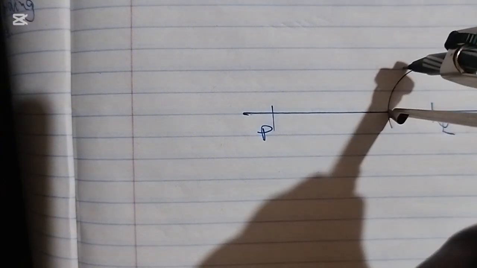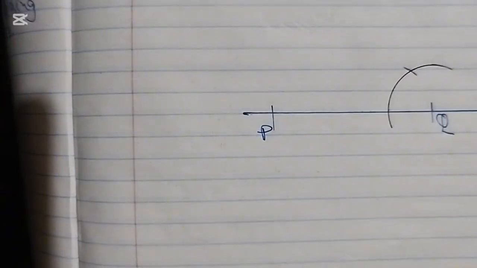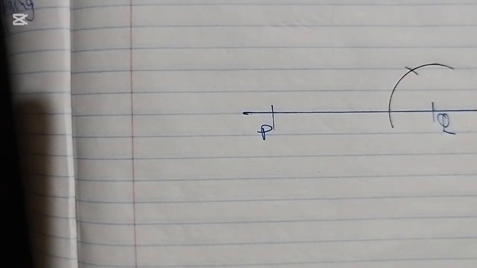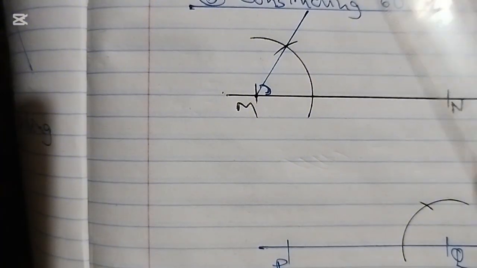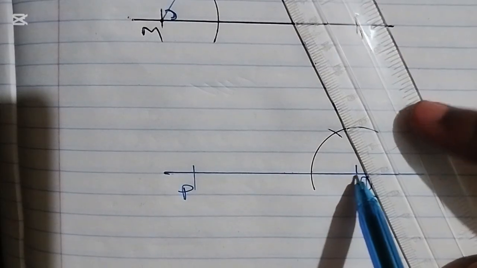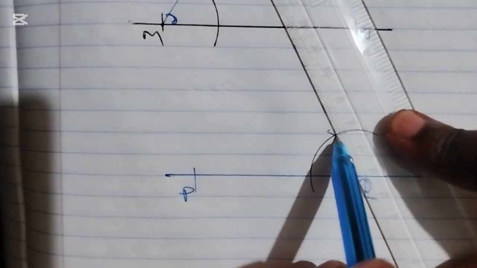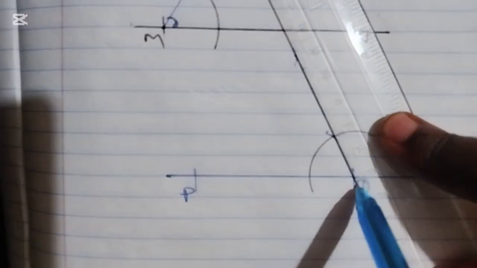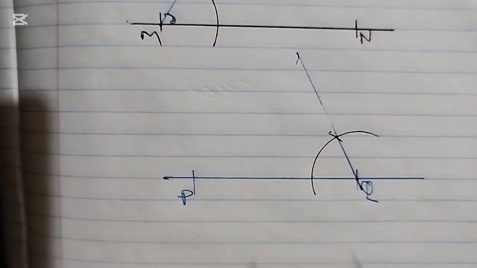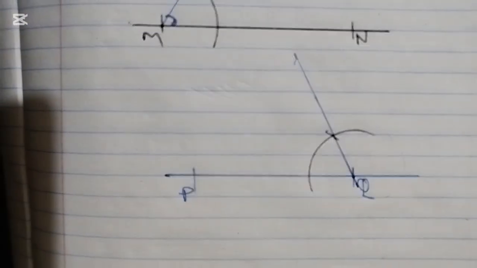Then make another arc to cut that arc. Okay? Then after that, I'll now join using a ruler from Q to where the two arcs cut each other. That way, I'll now join like that.